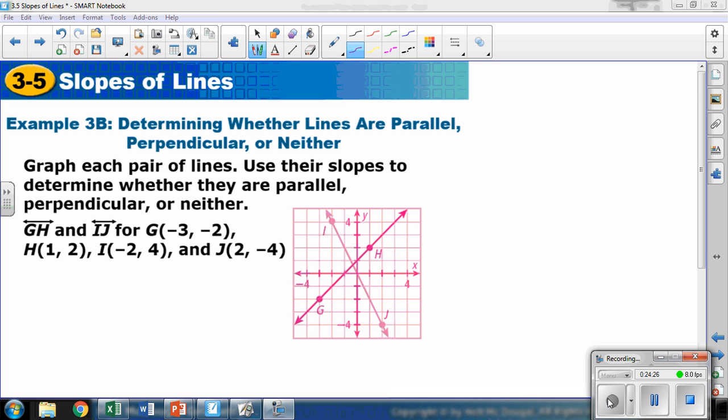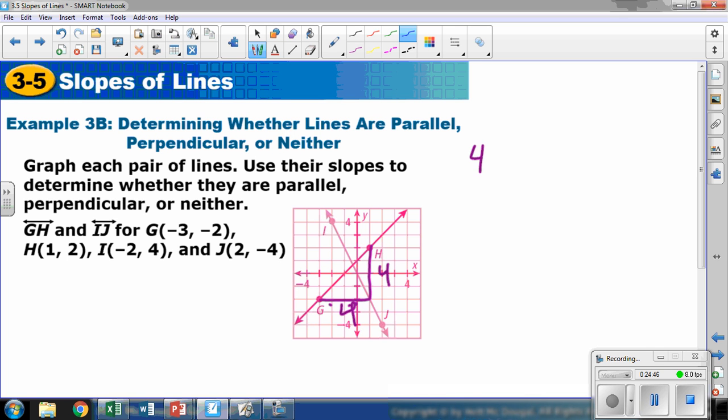Looking at our work, we've got the lines graphed, and between our points G and H, we could calculate a run of 1, 2, 3, 4 and a rise of 1, 2, 3, 4. So our slope, rise over run, is just 1.